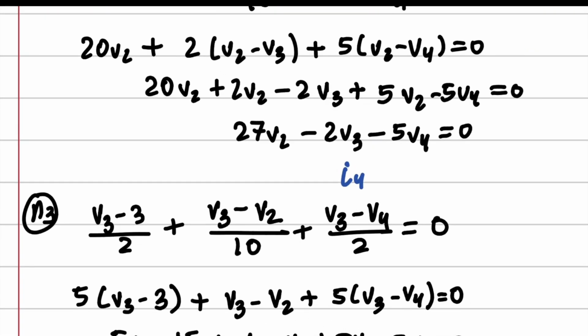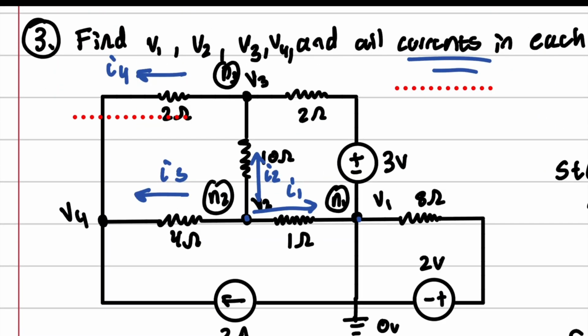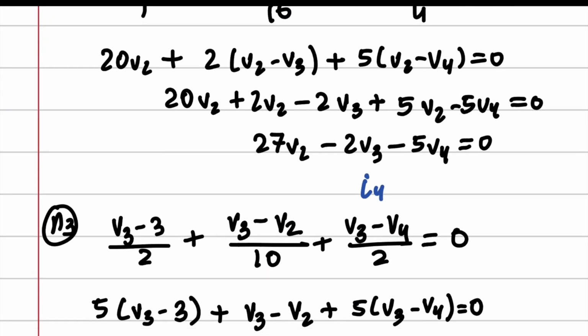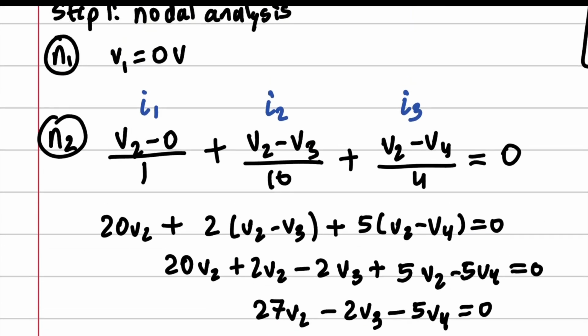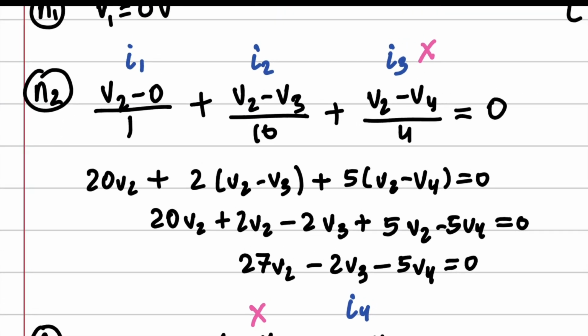Now this one, V3 to V2. We've already named it right here, so we don't need to name it again. We can just ignore this one. We can use it later to check with this one right here, and they should be the same.